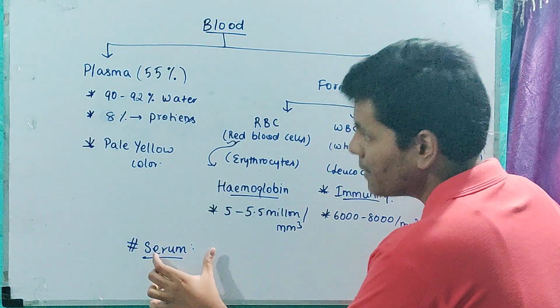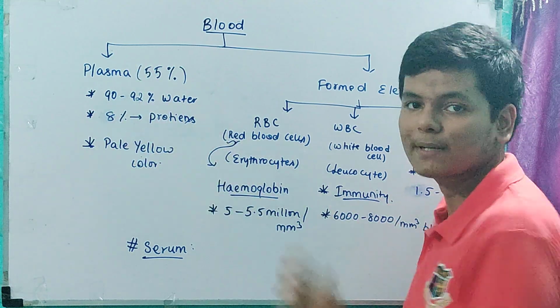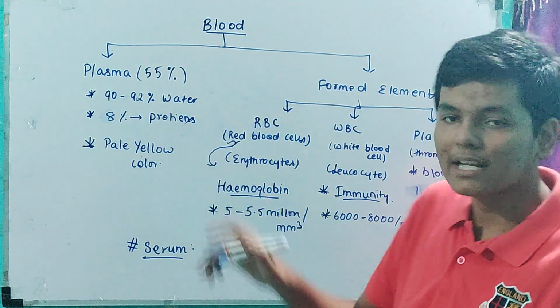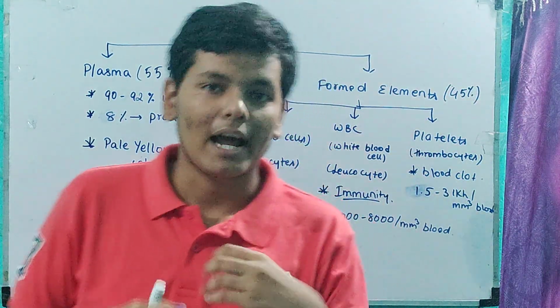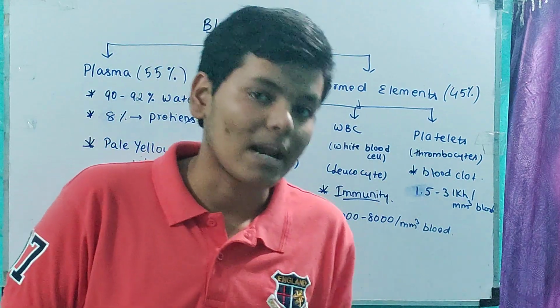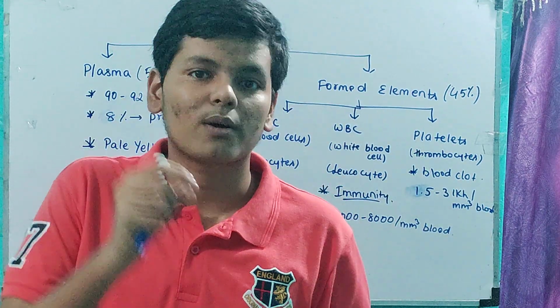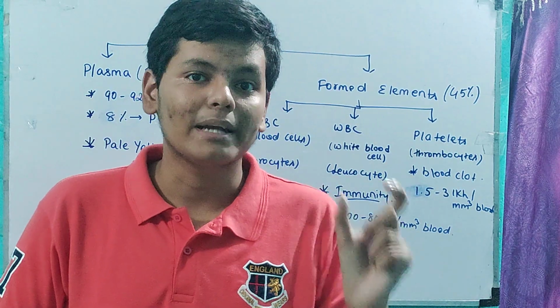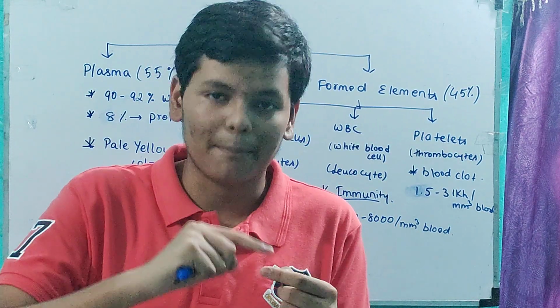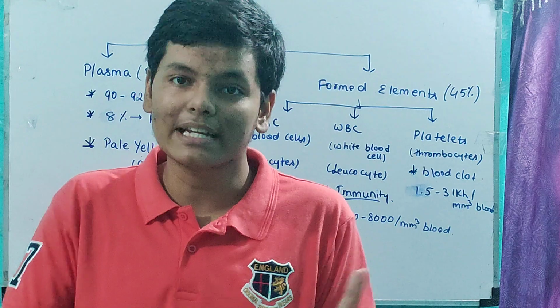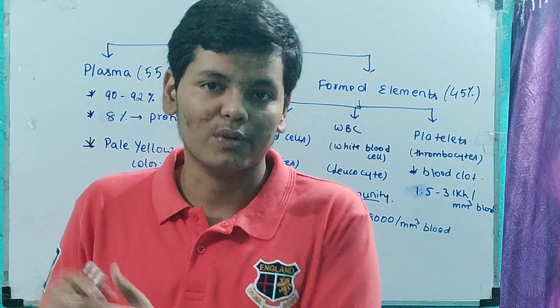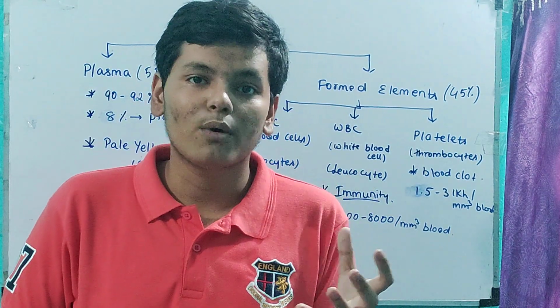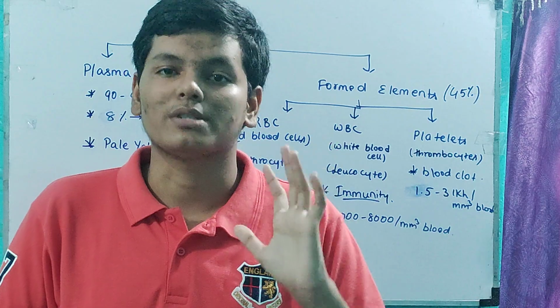To understand serum, we need to understand what are the proteins present in plasma. In plasma, there are 3 main types of proteins. One is called albumin, one is called globulin, and one is called fibrinogen. Albumin protein helps in the maintenance of osmotic balance between the capillaries and the tissues. We will understand everything in detail in the upcoming videos. The next protein over here is fibrinogen.